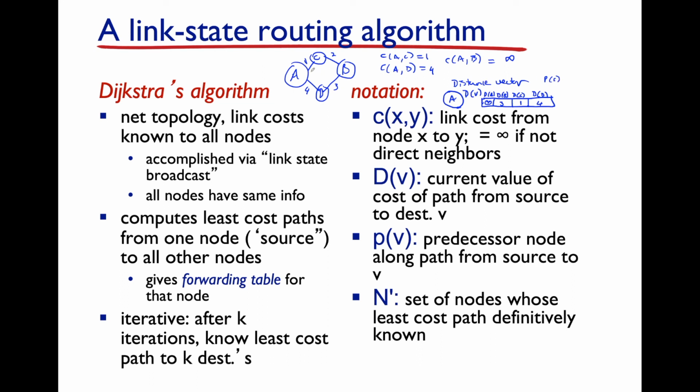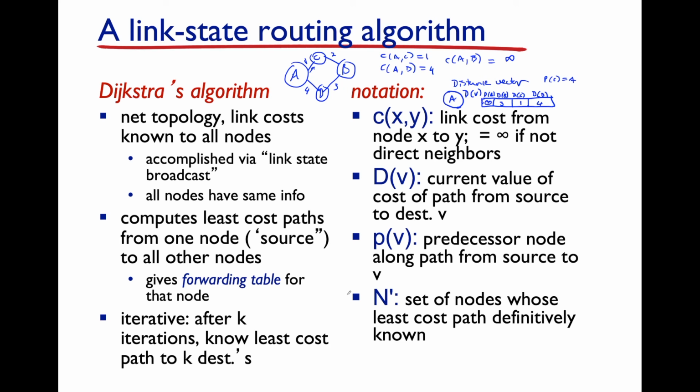Because you're going to go through this link. Okay. That's A. All right. We also have N prime, and N prime is going to be a working set of nodes that we're going to grow one node at a time, each time calculating the least cost path.